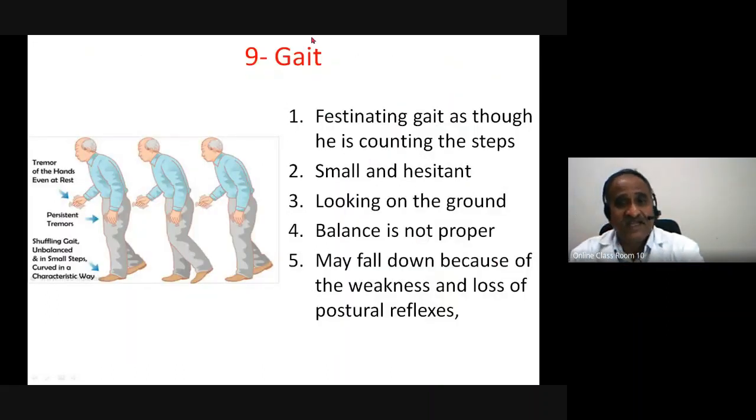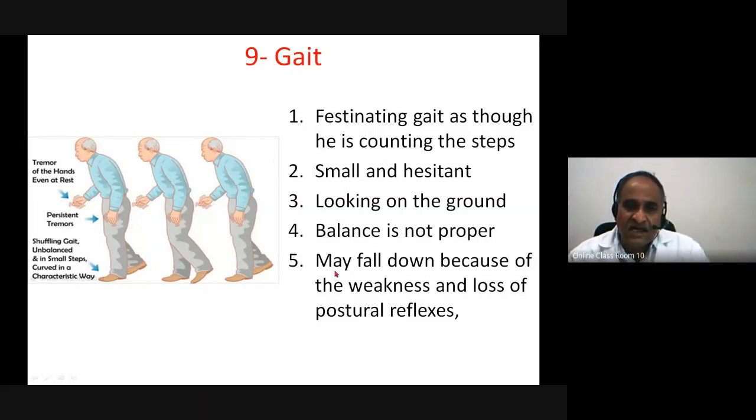Now, the gait, we are coming back to the gait here. In this individual, same thing, festinating gait, as though he is counting the steps, small and hesitant. He is not confident. He looks at the ground, and balance is not proper, and he is not able to come back.